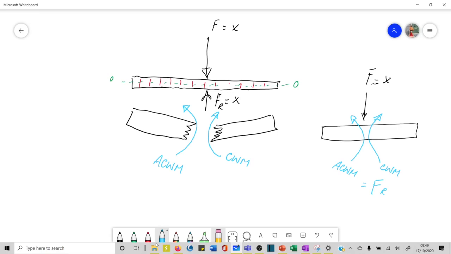It's the resistance of that beam. The force down wants to break the beam in half, but because it's in equilibrium, we've got the anti-clockwise movement on the left pushing back up, and on the right-hand side we've got the clockwise movement pushing back up there. So it maintains equilibrium on both sides of that beam, so it stays straight effectively. So that's where it can be confusing.